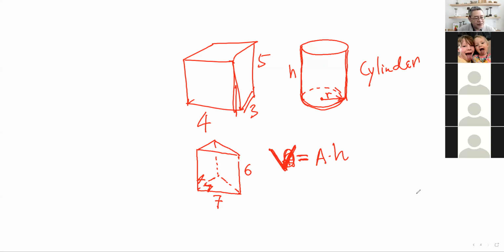Good job, Mason. Right now we're not doing cylinders anymore. Make sure you know what the area of a triangle is: area of a triangle is half base times height. So calculate the base area, then multiply by the height.